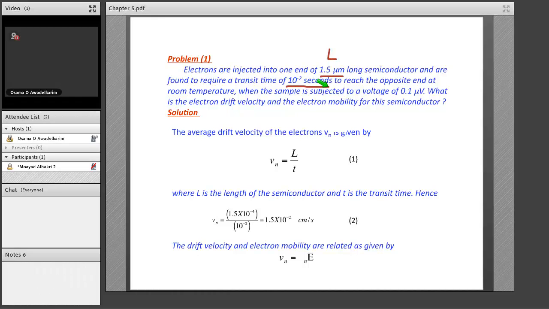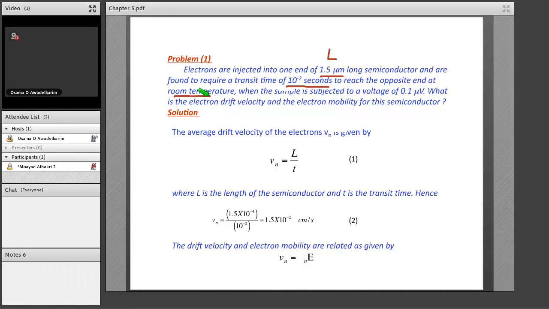So it takes them 10 minus 2 seconds to reach the opposite end. So they come into a semiconductor, go 1.5 micrometer inside the semiconductor and get out at the other end in 10 to minus 2 seconds. That is happening at room temperature.